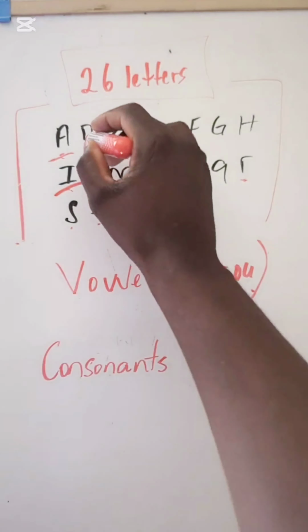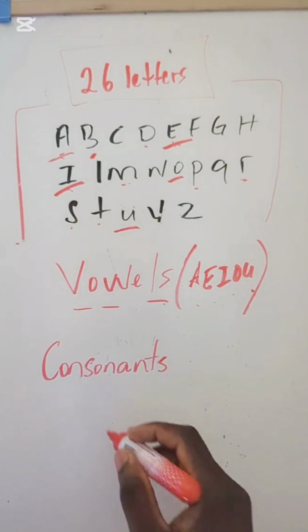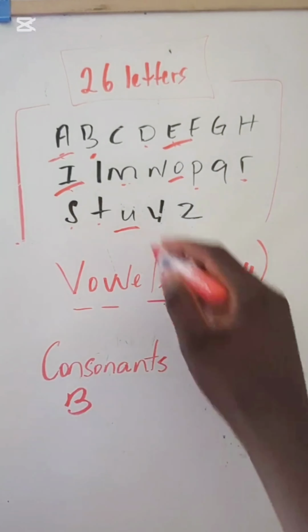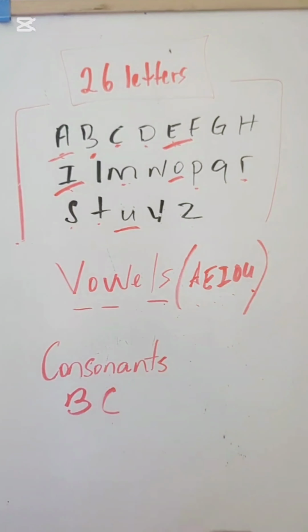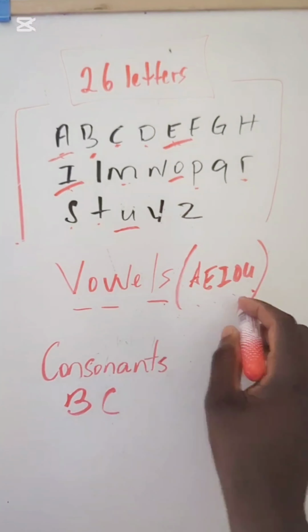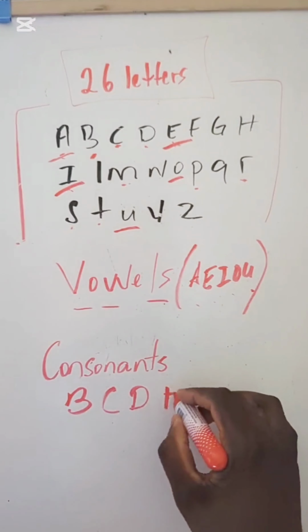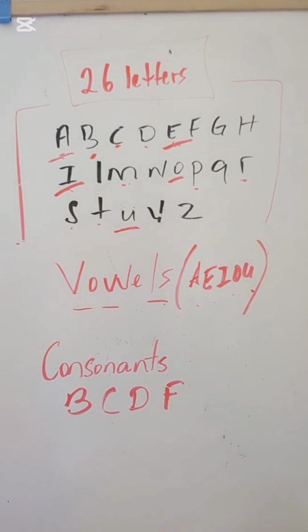So it means a B doesn't fall in this group. So that means a B is a consonant. C doesn't fall in this group. So that means a C is a consonant. D doesn't fall within this group. That means a D is a consonant. F, we have to skip E because E is a part of that group.